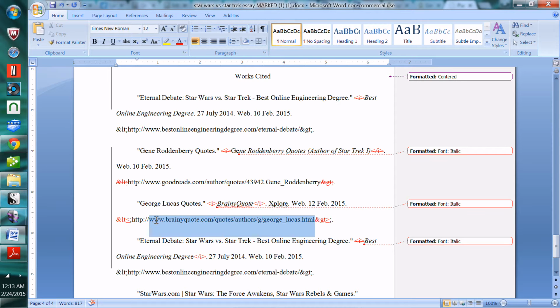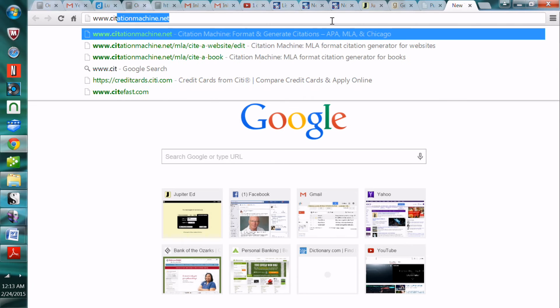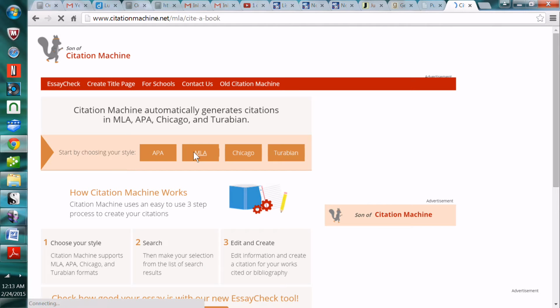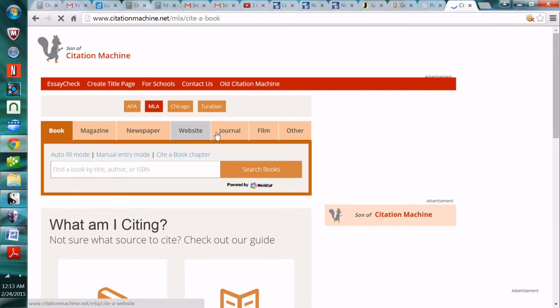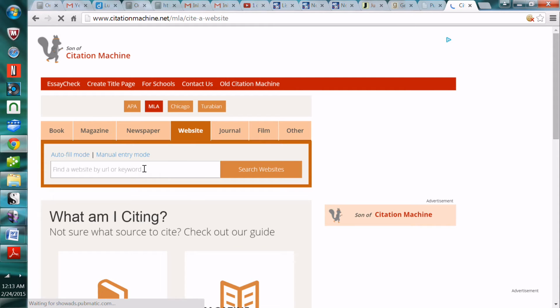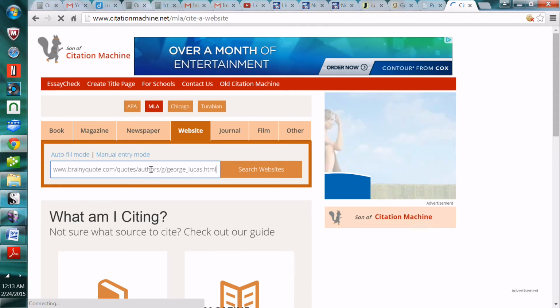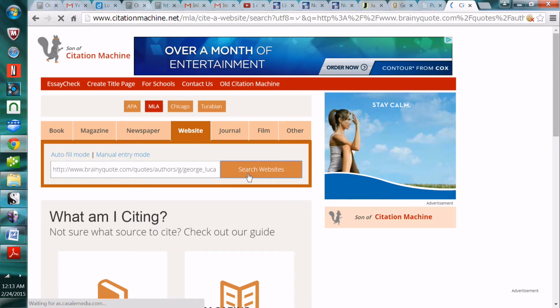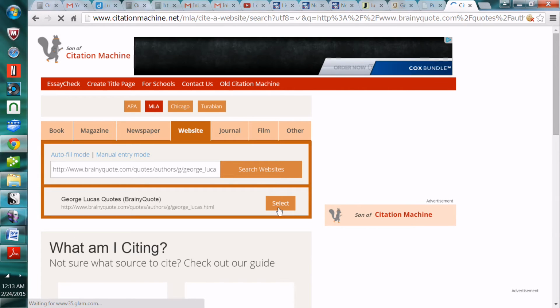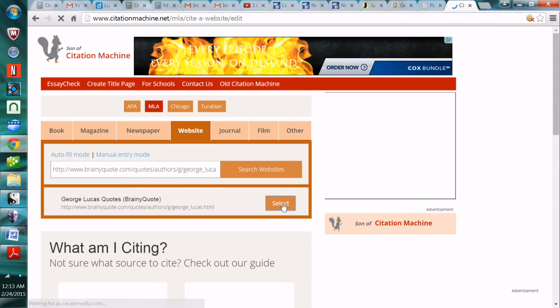And let's just go ahead and take this to the citation machine and see what we can get if I put it in here. Remember, the citationmachine.net is the way to go to make sure your citations are correct. And we are going to do a website, and we've put our website in there and search and select.